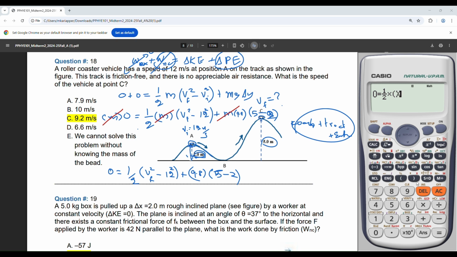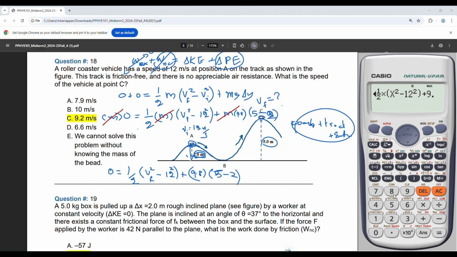Multiply, V final is our unknown, you are going to call it x squared, don't forget the squared, minus 12 squared, close the bracket, plus 9.8 multiplied by 5 minus 2, close the bracket.